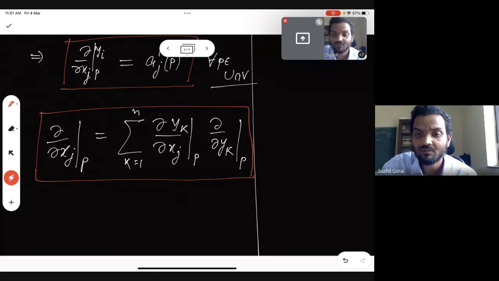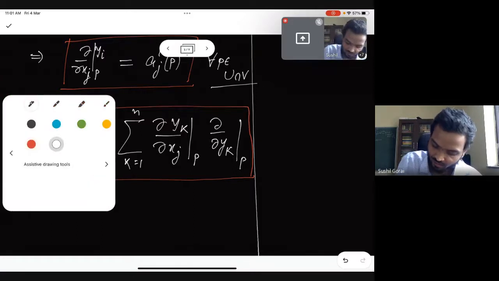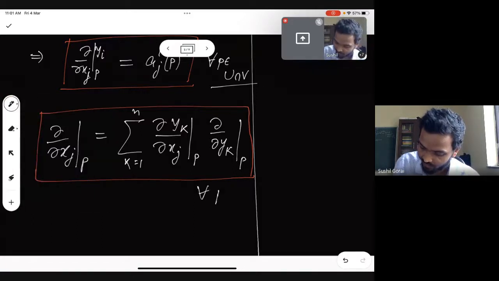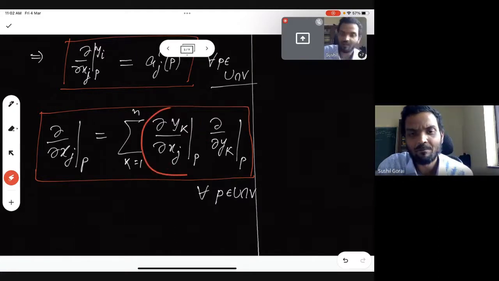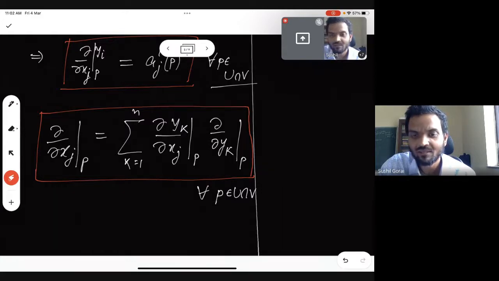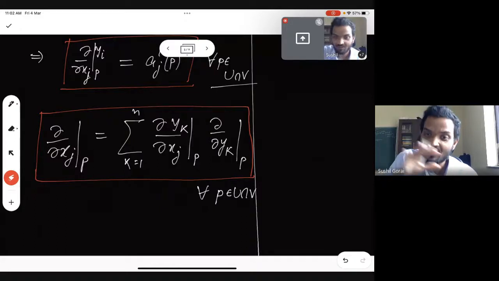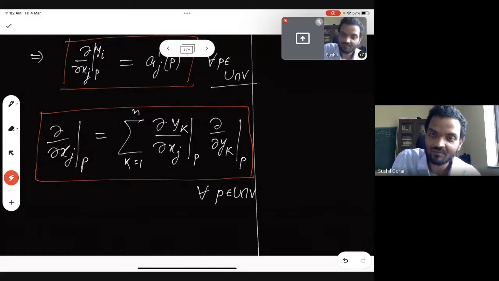Does it make sense to you? We'll use that. This is true for all p in U intersection V. And note that we have seen this is a smooth map, right? This was the Jacobian part. This was a smooth map. So one can change smoothly. That is the special thing you're getting here, and that actually leads to differential geometry.